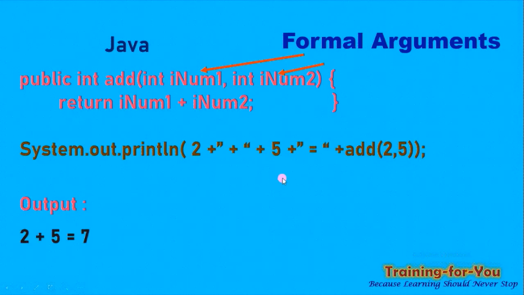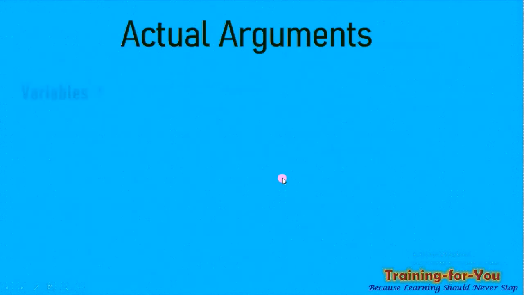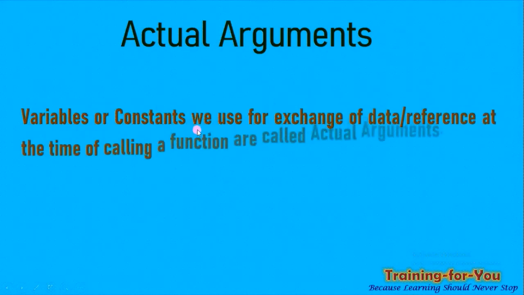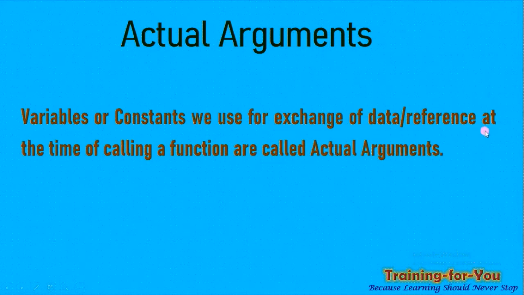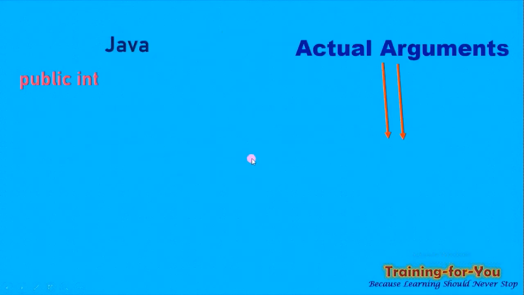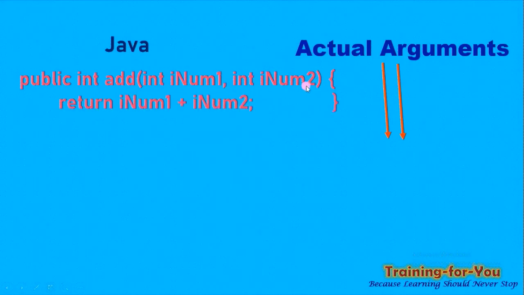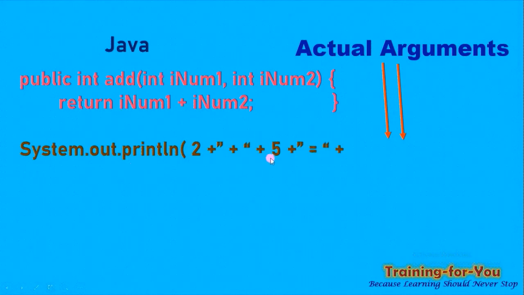Now, what are actual arguments? Variables or constants we use for exchange of data or reference at the time of calling a function are called actual arguments. So if we look at the same example, we saw a while ago that num1 and num2 were formal arguments, but when we call the function add, we use these two constants or these two values 2 and 5.